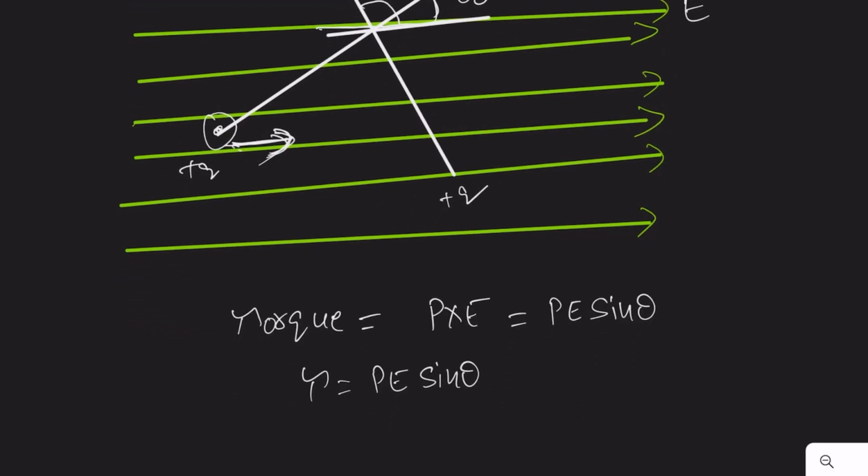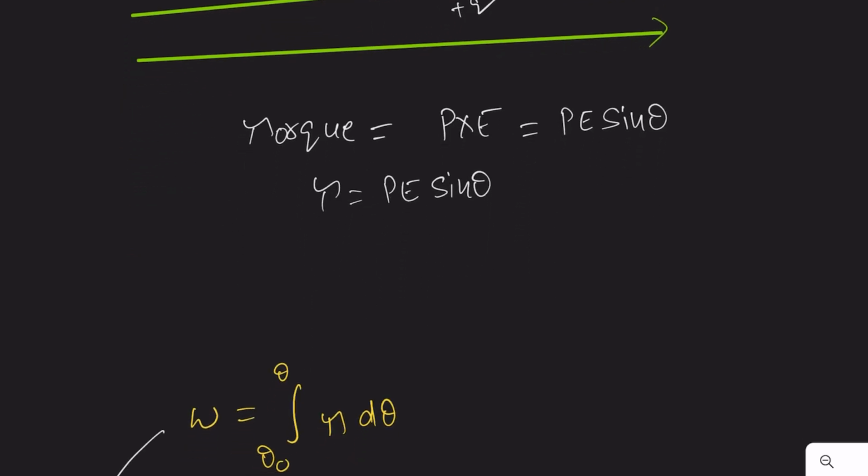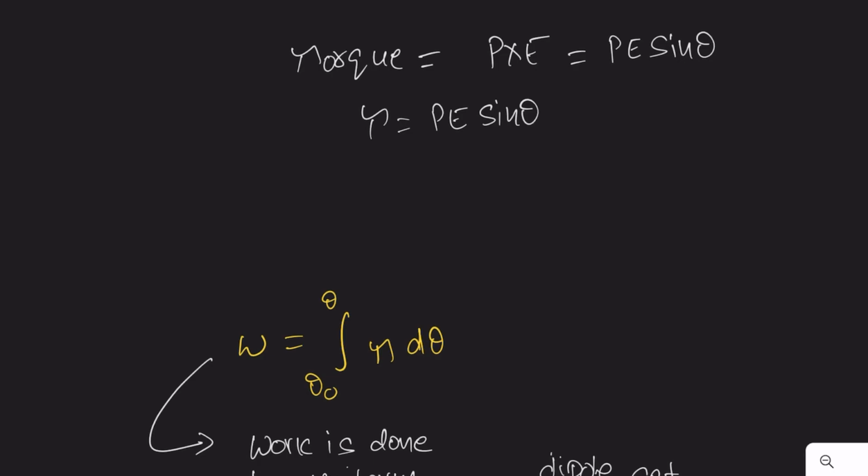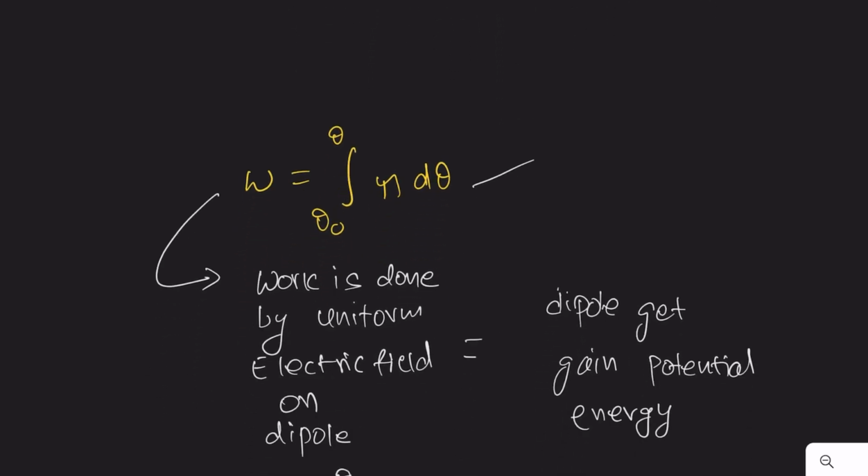Next, torque formula. So write the formula for the torque, that is Pe sin theta, and immediately write the formula for work done. So what is the formula for work done? Theta naught to theta integration of torque d theta.